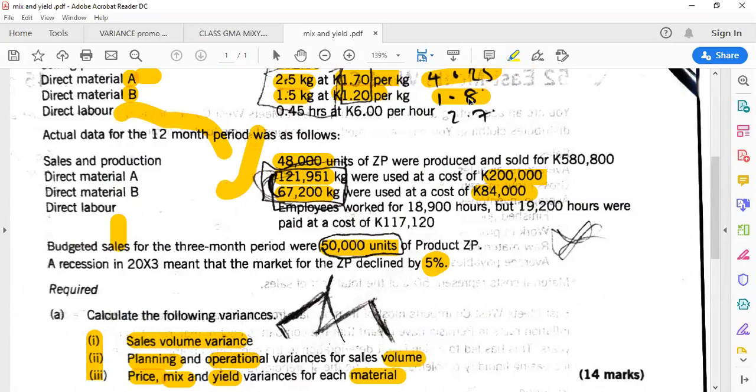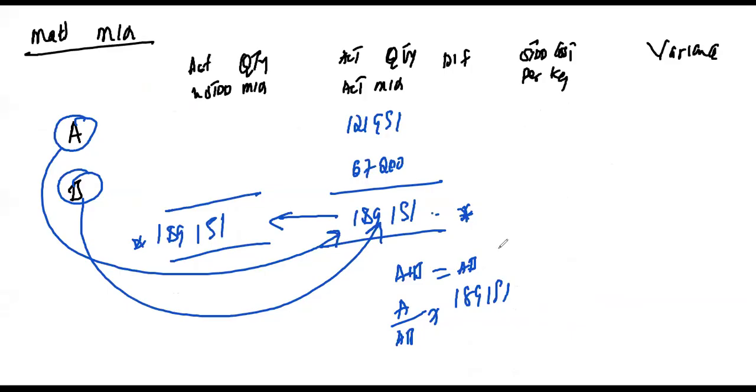Now you know, you get the one for A. What is A? A is 2.5. B is 1.5, which gives you 4 kg per unit of material A and B. So to get the portion of A from this total here, all you do is simply get 2.5 over 4.0 multiplied by 189,151.